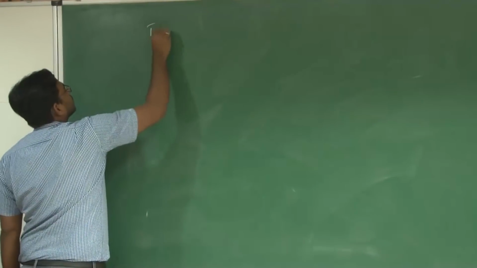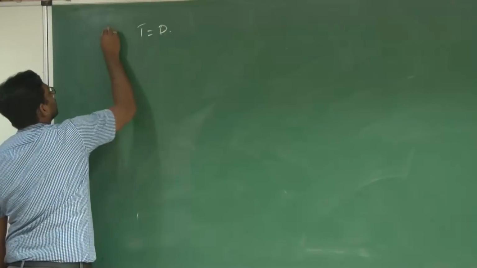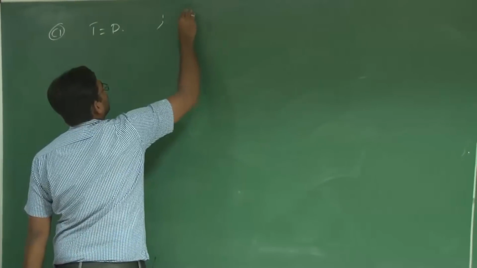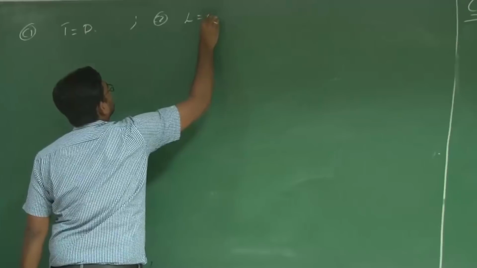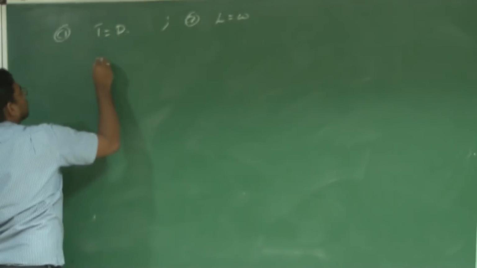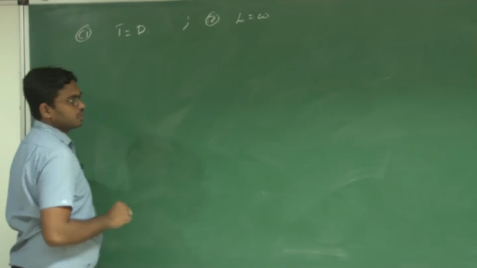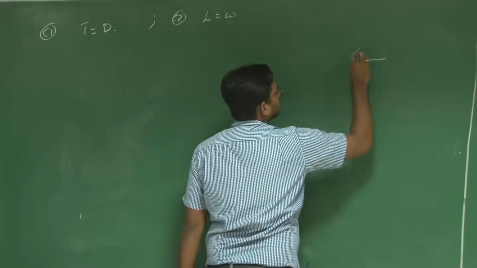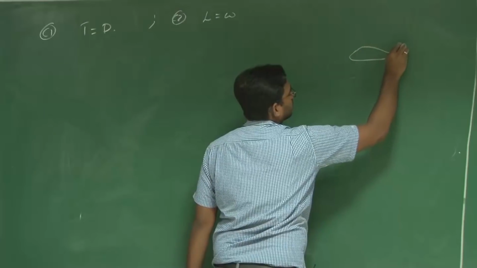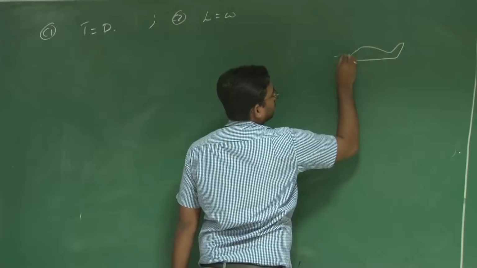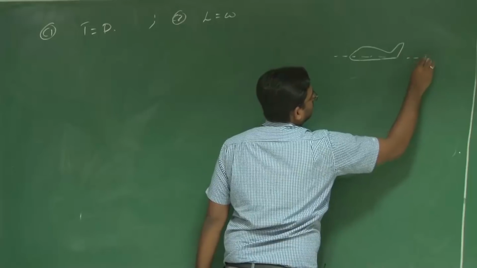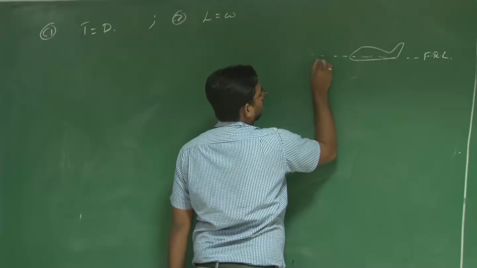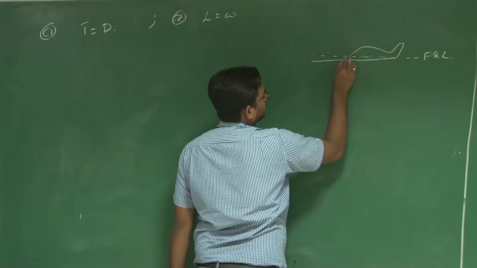So you have T equals D from C1, and from C2 you have L equals W. What is T equals D? In this case, how does the aircraft look? Say this is your FRL, fuselage reference line, and this is your V infinity.